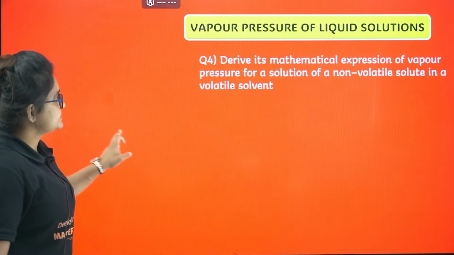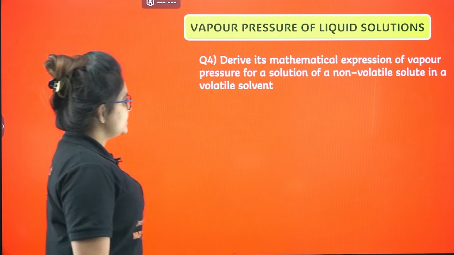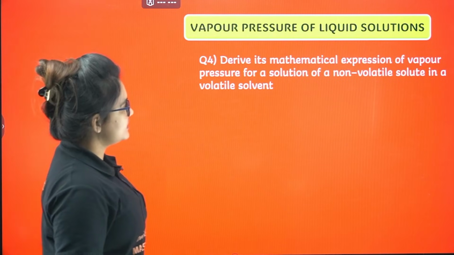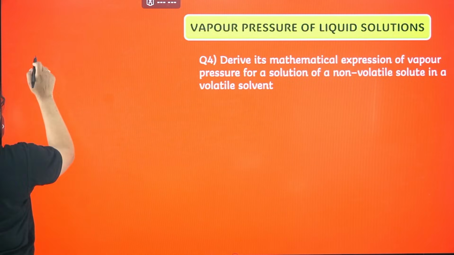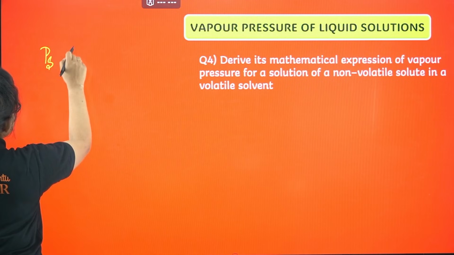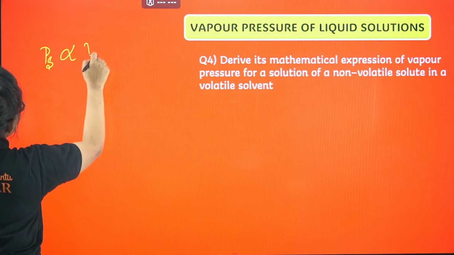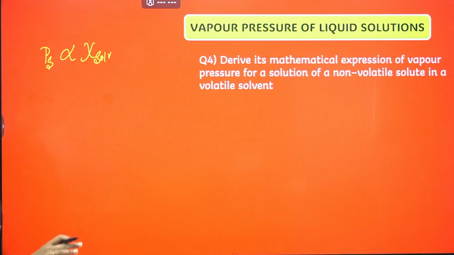Let's proceed. The question is to derive the mathematical expression of vapor pressure for a solution of a non-volatile solute in a volatile solvent. So let's do it. We know the pressure of a solution is directly proportional to the mole fraction of the solvent, because the solute is non-volatile, right?